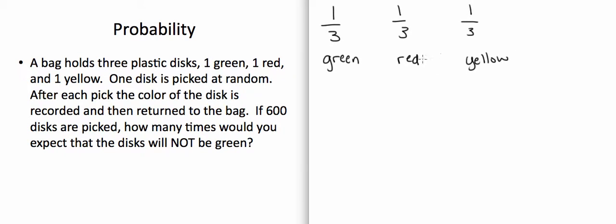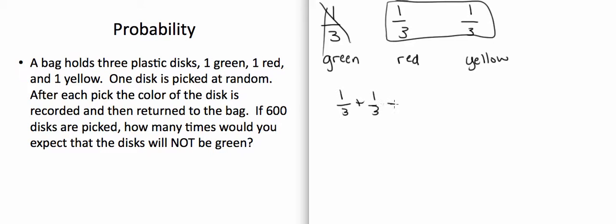Now they're asking what's the likelihood that it will not be green. So this is going to go away, and we are left with these 2 fractions. 1/3 plus 1/3 is going to give us 2/3. Right? So we have a 2/3 chance of picking a red or yellow, or not a green one.